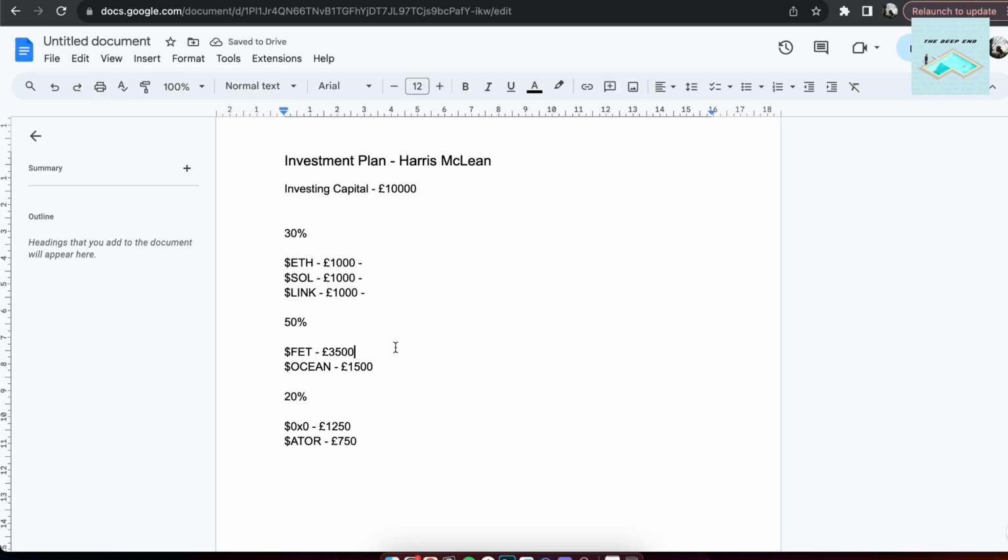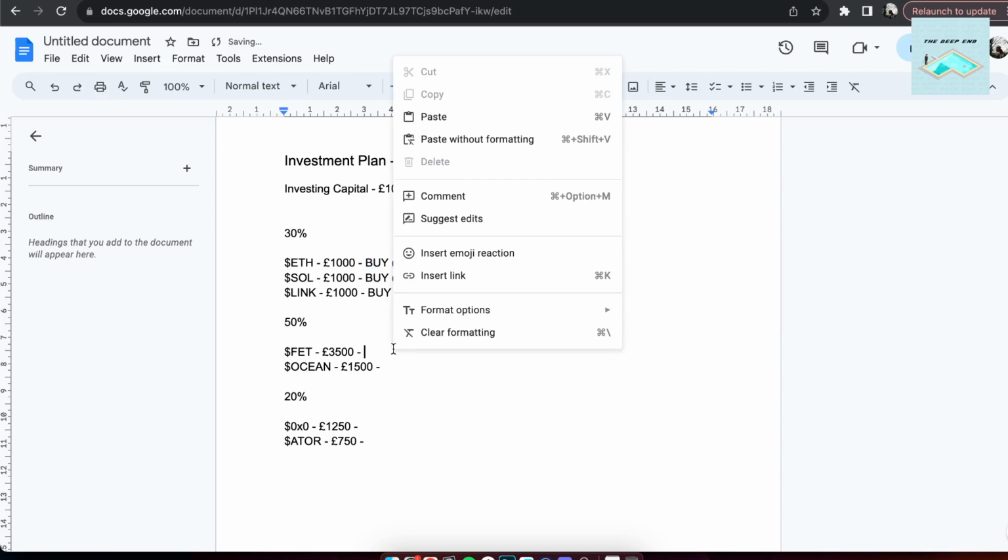The reason that I've got a little dash here is, I'll show you in a second. I'll now put where I want to buy, as in the price I want to buy it, and my take profit, which I'll do on all of them. This is just rough, by the way. You can do this a bit better.